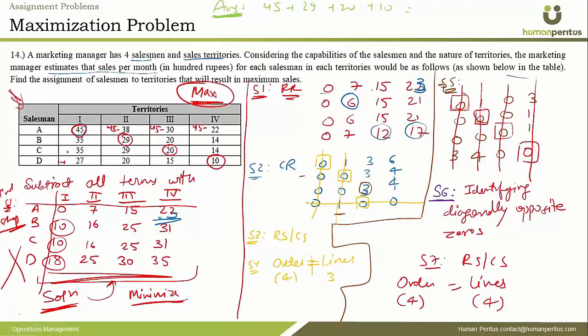So this would be equal to how much? 74, and then 94, and then 104, into 100, which is 1,400 rupees, my maximum profit that I can earn if I assign these salesmen to these territories. So you have seen now how a maximize problem can be simply converted to a minimize problem and solved accordingly. And the important step here is the diagonally opposite zero.